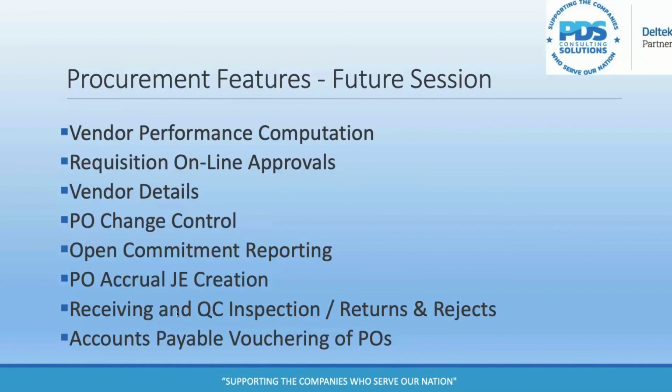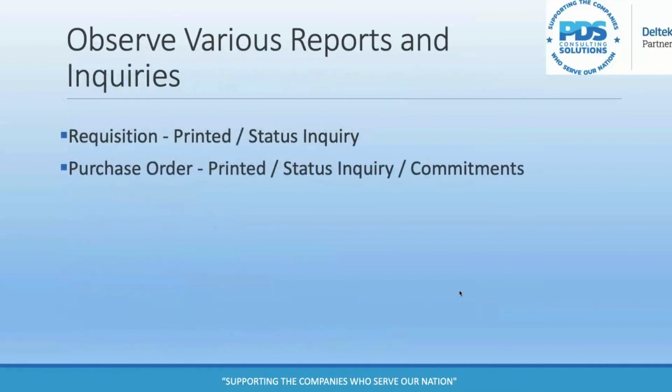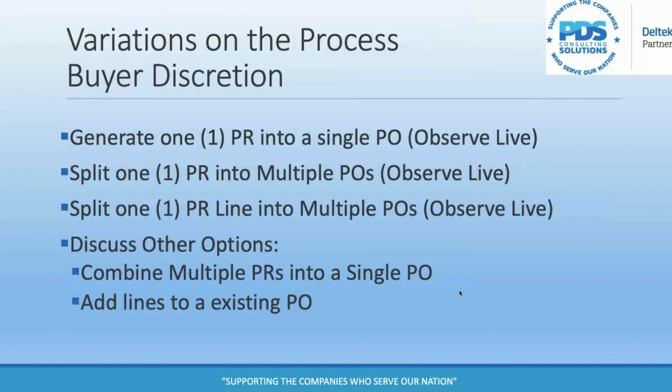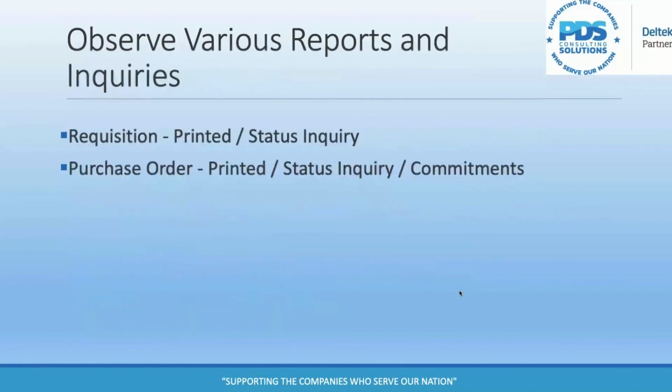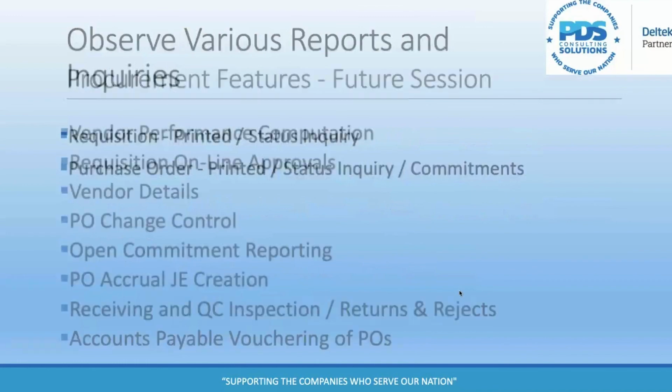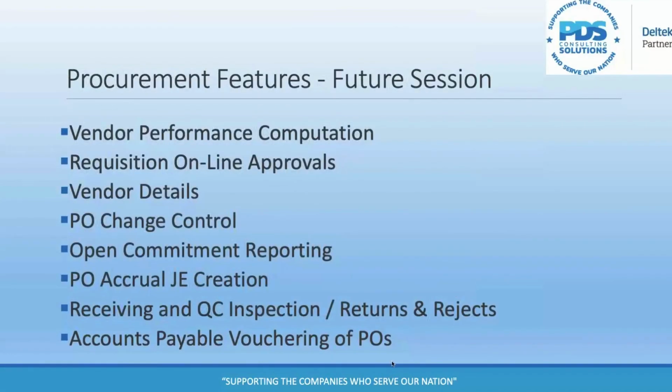And then in depth, we have a lot of detail to cover in receiving and QC inspection for receiving to close out the PO, and also for rejects and returns to vendor to receive replacements or accept credit from the vendor for returnable, non-replaceable items. And then the full topic of vouchering POs to pay the vendors for the services.